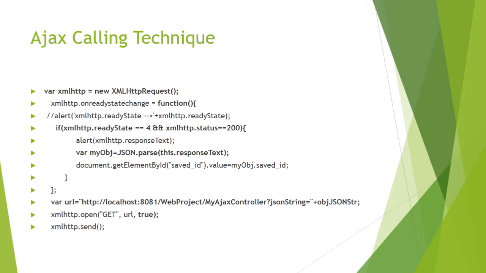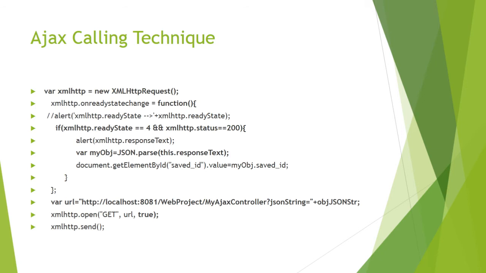Whenever that ready state changes, one callback function will be called, and that is what we are injecting here, the XML HTTP dot on ready state change. Whenever there is any ready state change, this function will be called by the Ajax.